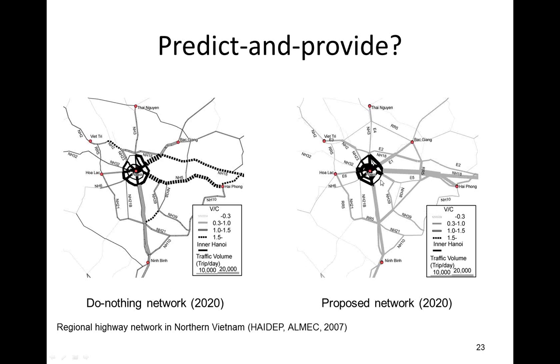So that illustrates that transport models are not there to provide you with a solution, but rather a tool for you to test your solutions. We should not be guided blindly by what the model says, but we have to take into consideration various other developmental issues such as regional development when we design solutions.